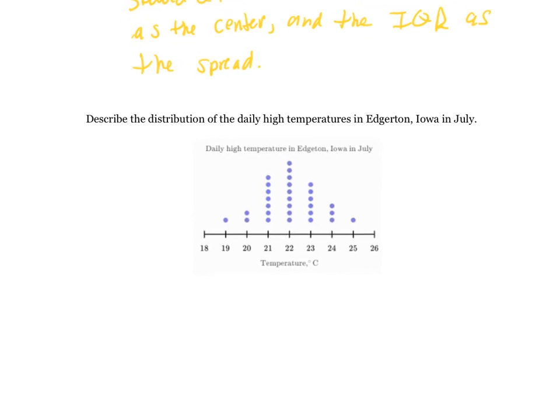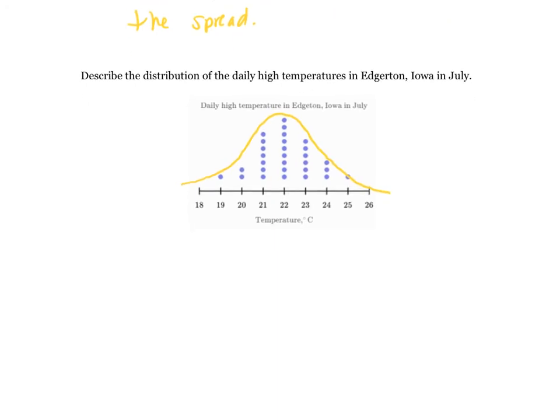This distribution is the daily high temperatures in Edgerton, Iowa in July. And these are in Celsius, obviously, because in July it's hot. Again, if you just draw a little loose line around these peaks, you'll see that this distribution is unimodal symmetric.